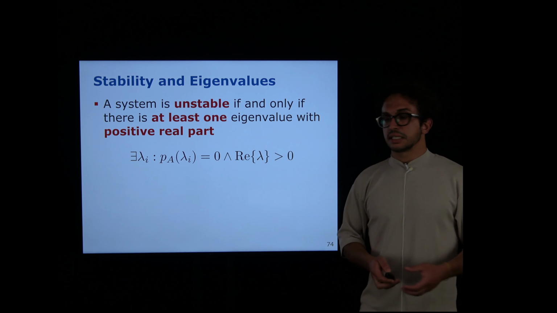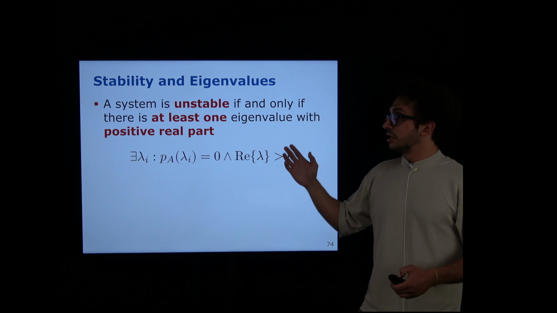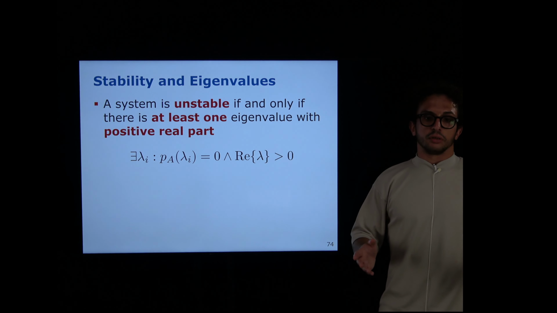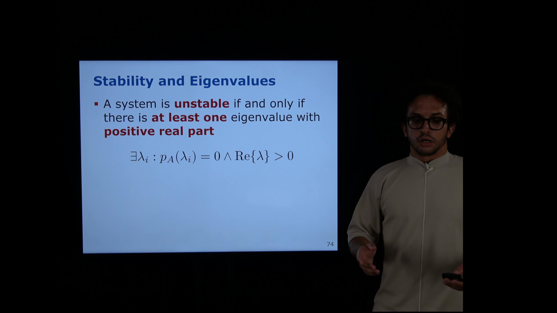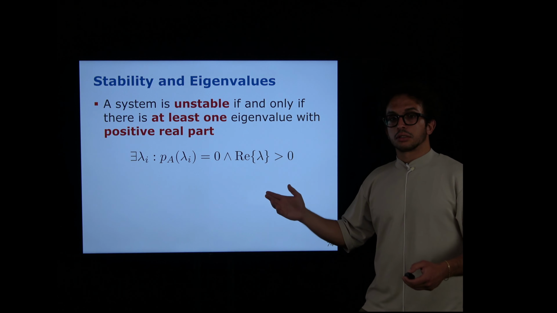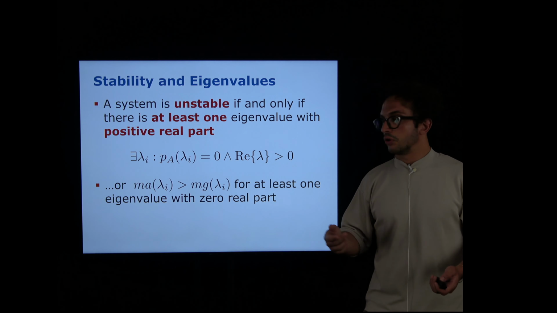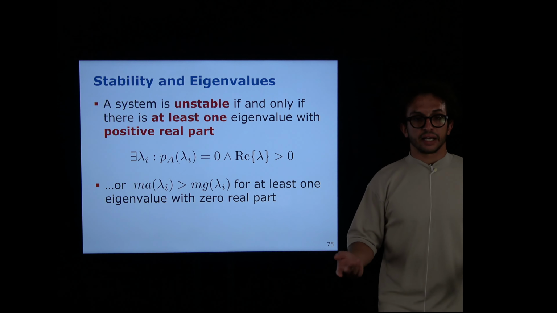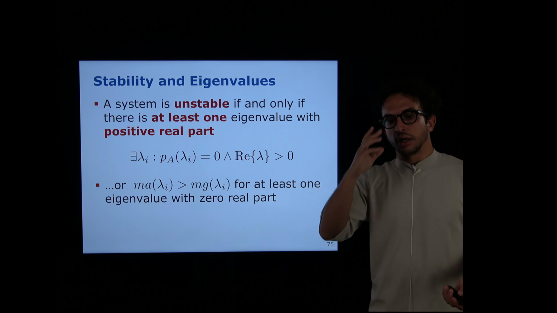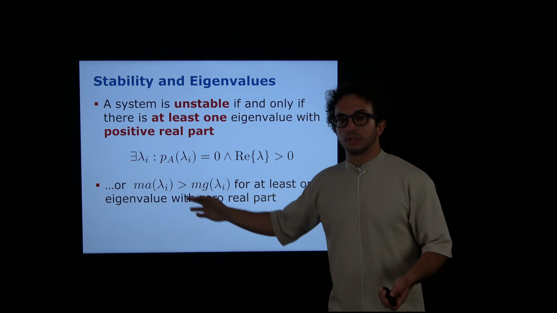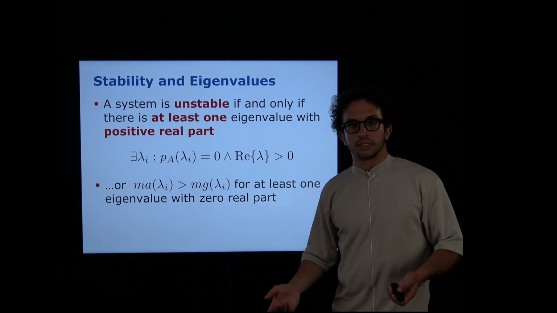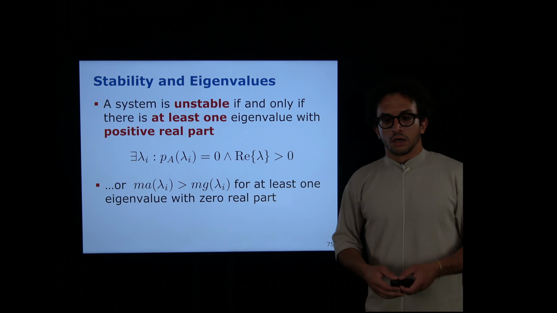And a system is unstable if and only if there is at least one eigenvalue with positive real part. Also there's something else, which is actually the complementary case as before. If there's one eigenvalue which has 0 real part, for which the multiplicities differ, that's also an instability case.